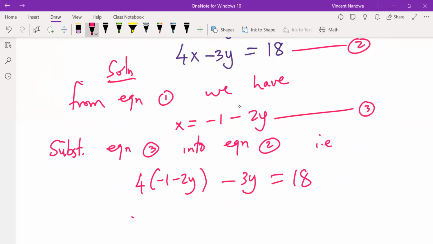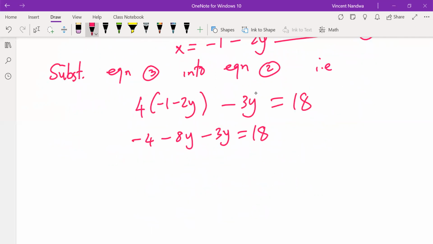So 4 by -1 is -4, minus 8y minus 3y equals 18. Minus 8y minus 3y is minus 11y, which equals 18.